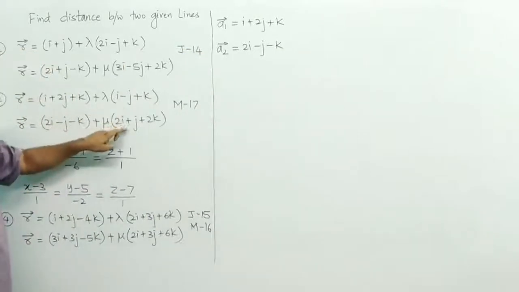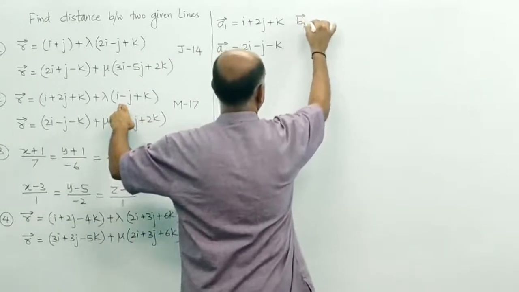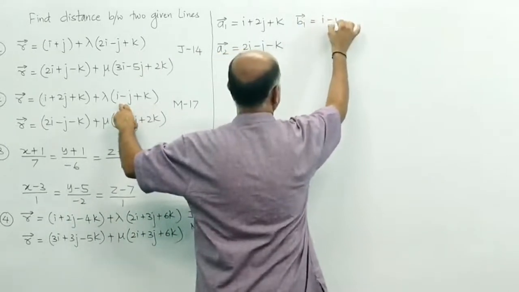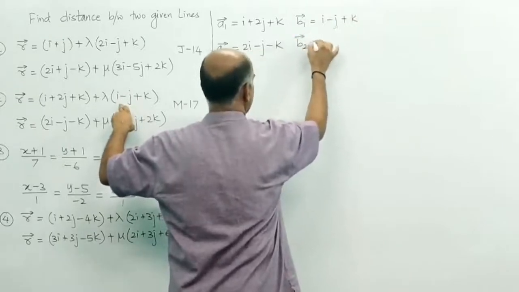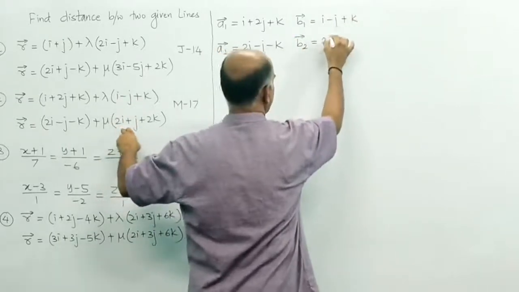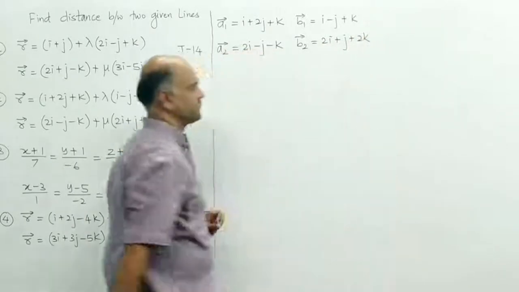Next note down b1 and b2. So b1 is equal to i minus j plus k. b2 is equal to 2i plus j plus 2k.